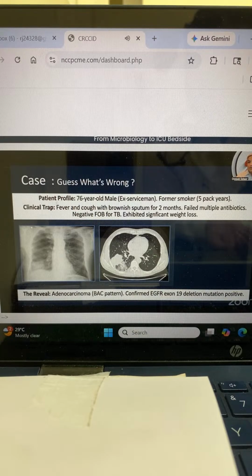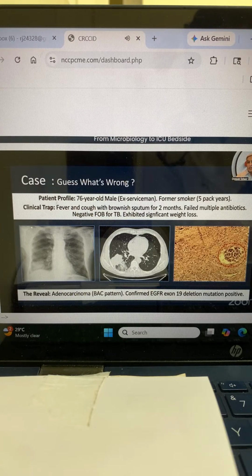The CT also showed it, and of course the sputum itself showed that it is adenocarcinoma, and you can easily pick it up in a cell block pattern. Even such samples can be confirmed for EGFR, like in this patient who had an exon 19 deletion mutation. So everything which looks like pneumonia can even be cancer.